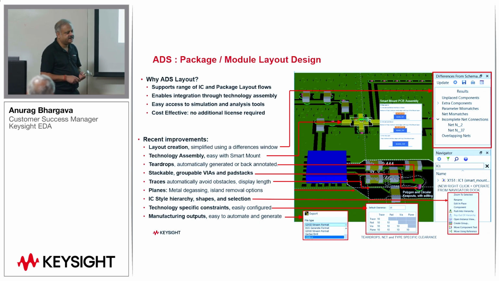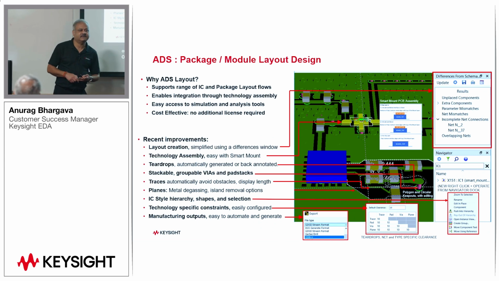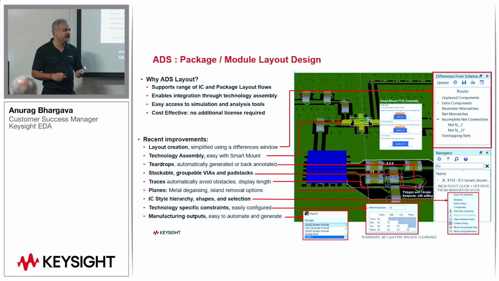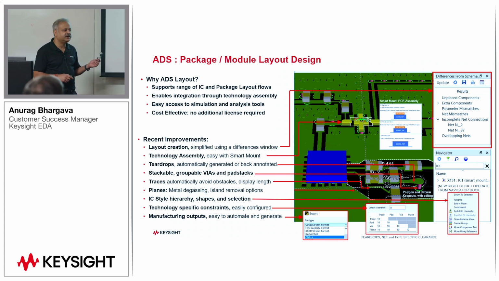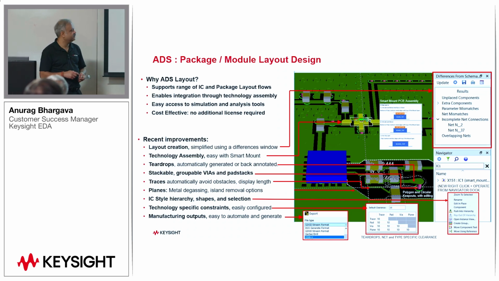And ADS, as I said, in the last few years, ADS layout has come of age. Lots and lots of improvement has happened in ADS layout, especially for IC, which is more focused on 3.5D, as well as package design. Now, ADS is one of the very potent package design tools. So that's about routing.